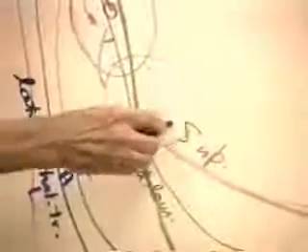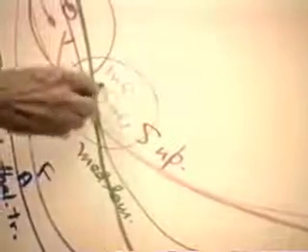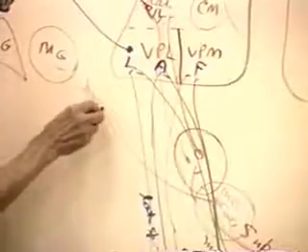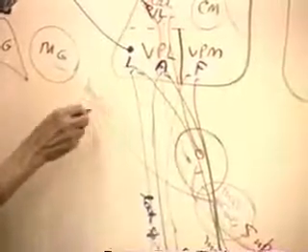The inferior colliculus, giving rise to fibers that sweep out to the medial geniculate through what tract, Mike? The brachium of the inferior colliculus, right?